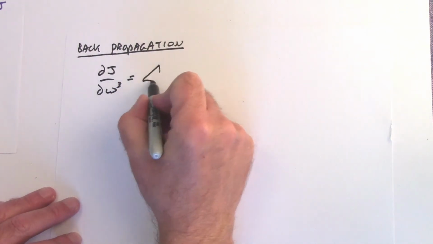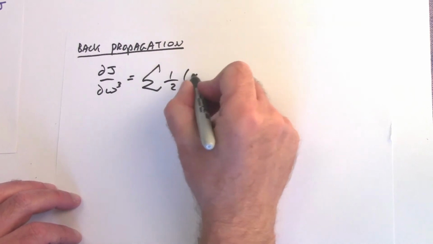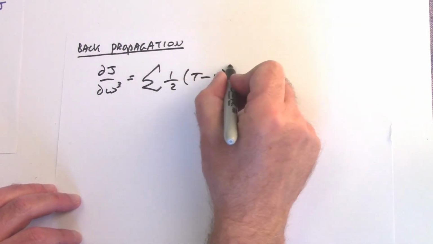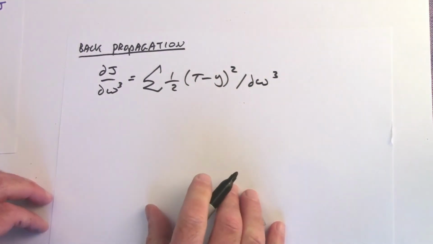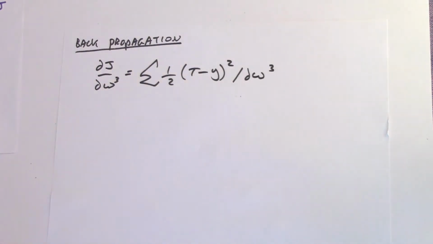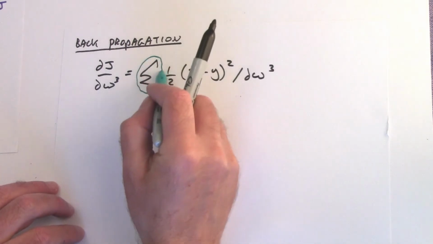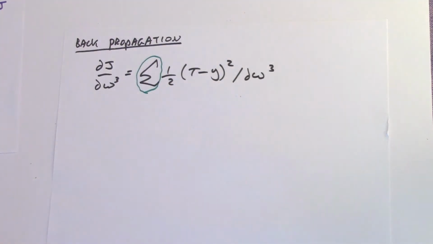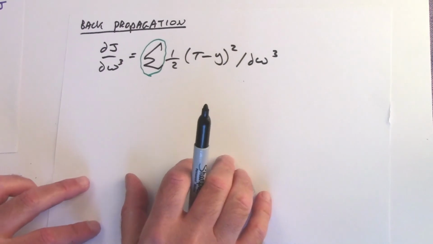And we know that our cost function here is the sum of (t minus y) squared. So let's differentiate that. We're not going to worry about this summation sign here. That sums across all the samples, and that will actually be managed by the matrix calculus. The matrix calculations will automatically do that for us.